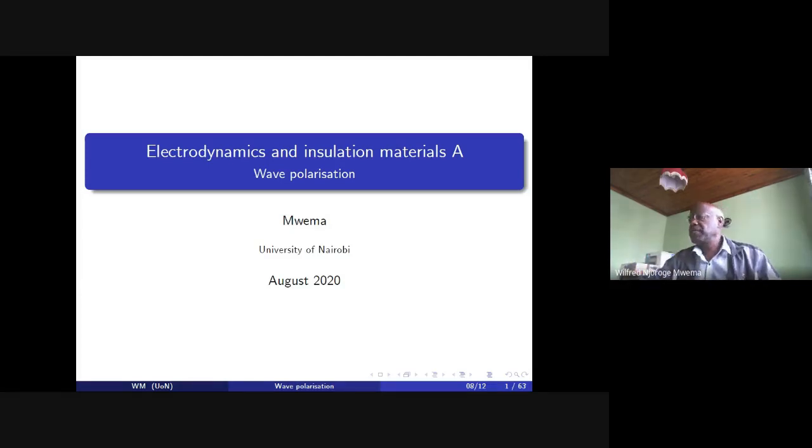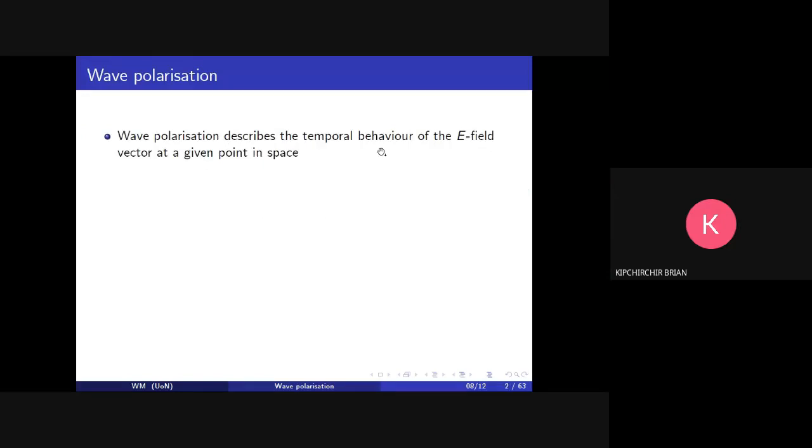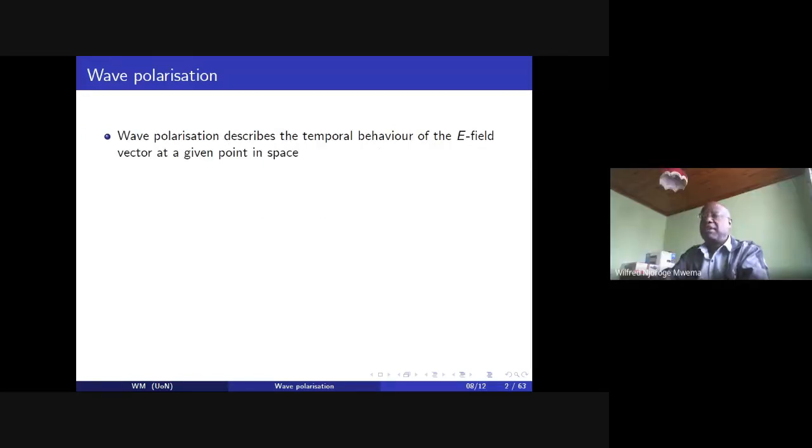By wave polarization, all we are trying to say is the temporal behavior, that is, how does the vector field, or the E field vector, behave at a given point in space as time progresses.